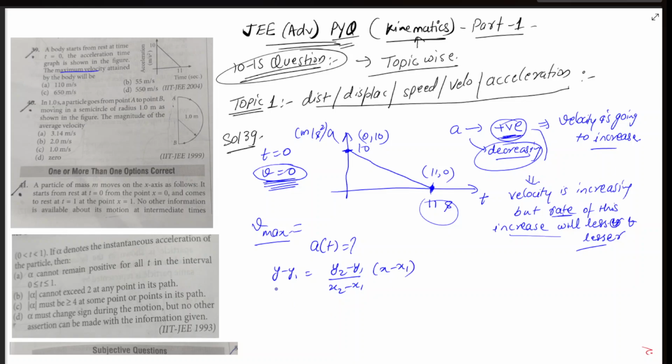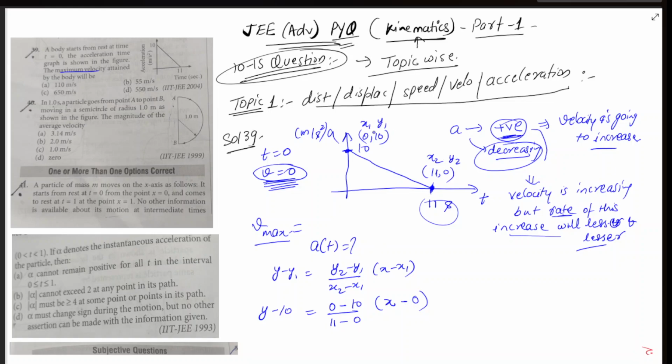So y minus 10 equals (0 minus 10) upon (11 minus 0) into (x minus 0).